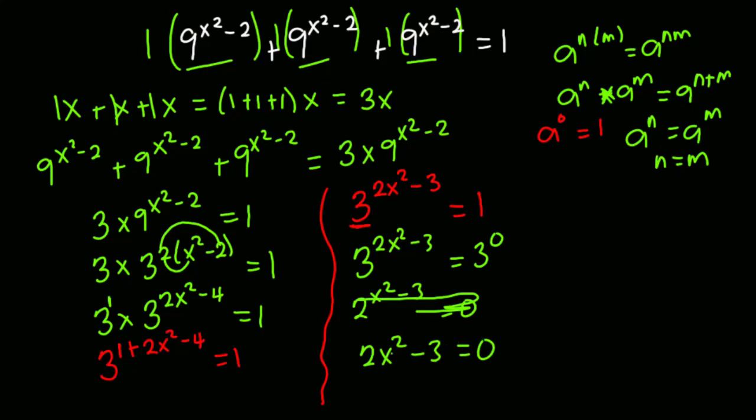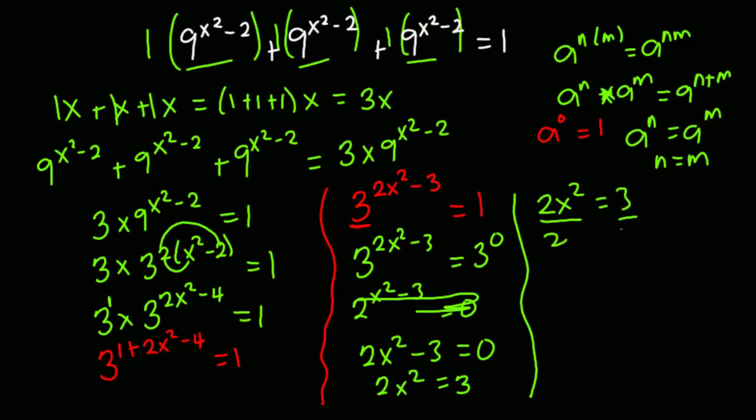And so I'm going to make x the subject. I'm going to get 2x squared is equal to positive 3. So I'm just going to divide both sides by 2, and that gives x squared is equal to 3 on 2.